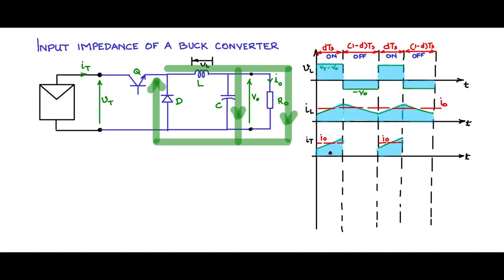It would be the average value of this switched current waveform, IT average, which is equal to I naught into D. Now this average value has to flow here always continuously.